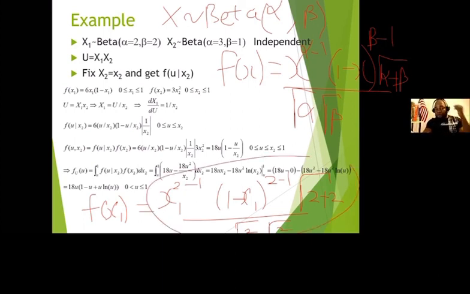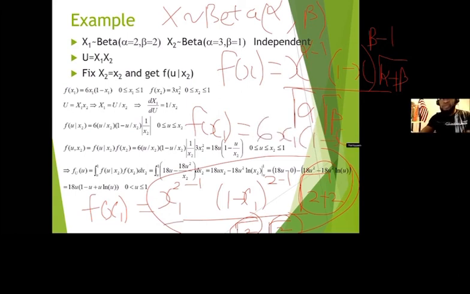And gamma 4 is 3 factorial, which is 6. Gamma 2 is 1 factorial, and the other gamma 2 is also 1 factorial. Now if I rewrite the whole thing, f of x1 equals 6, times x1 into 1 minus x1.